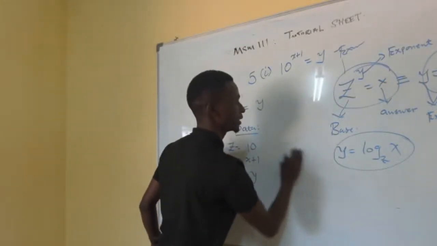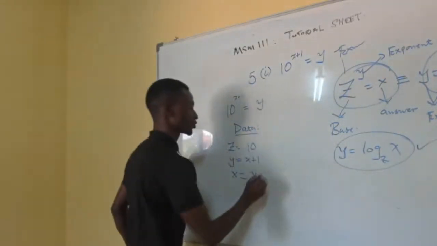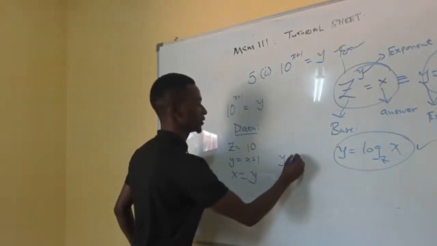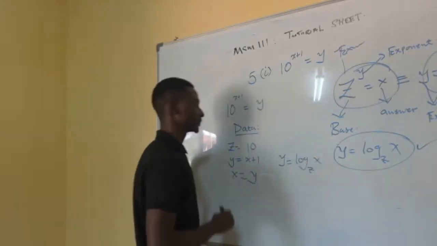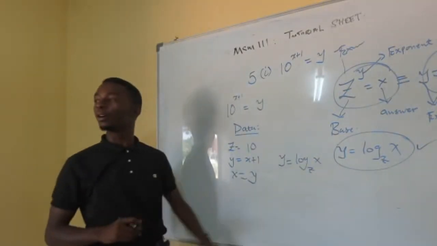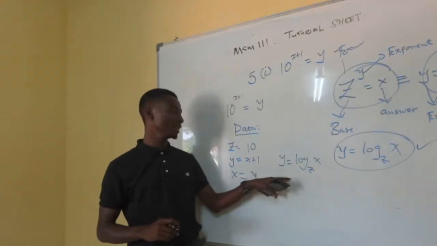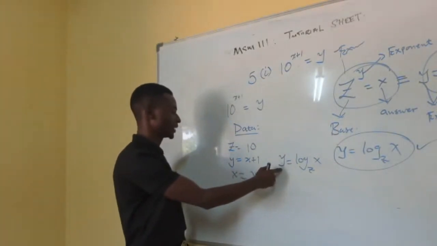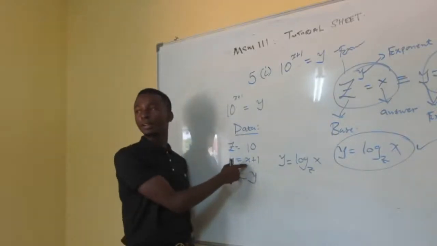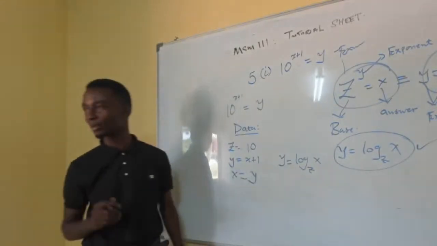So we have y equal to log z x. What is y according to this question? Y is x plus 1.